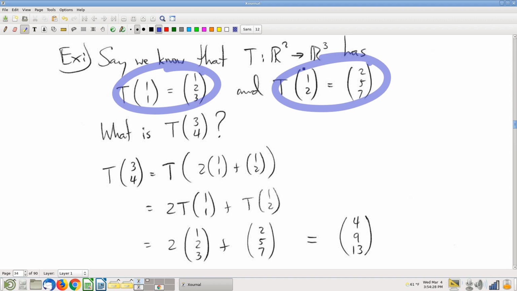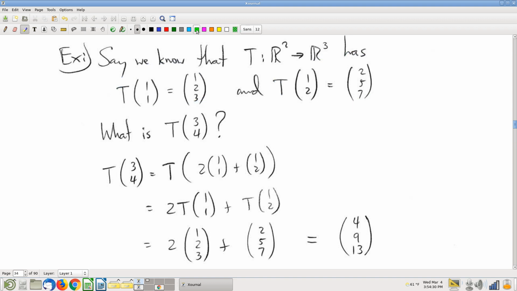For example, let's suppose that we're going to want to compute it at 3, 4. What's T of 3, 4? Well, 3, 4 is a linear combination of those basis vectors. I've got these coefficients 2 and 1. Right?